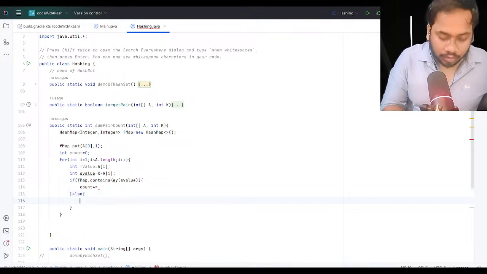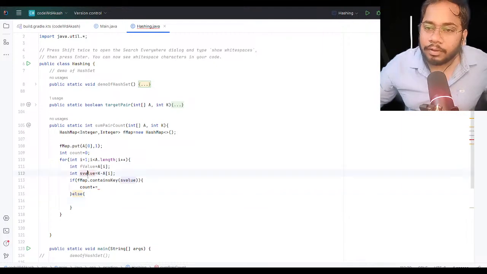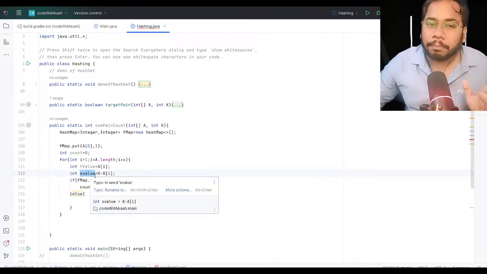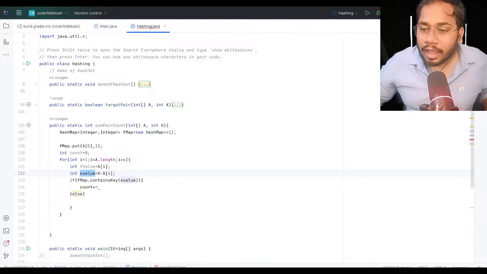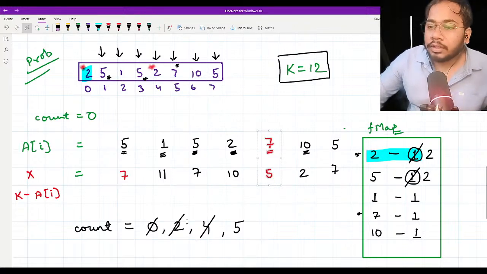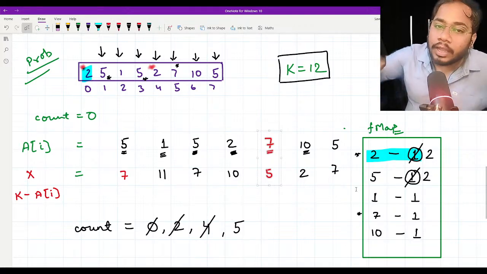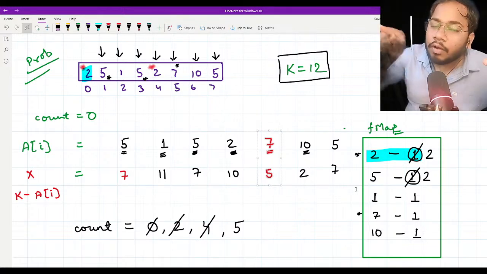Suppose we have that particular second value in the hash map. For this condition, for 7, we have this 5 already in the hash map. Then how have we incremented the count? We have incremented the count by the number of times that particular element was already there in the hash map.